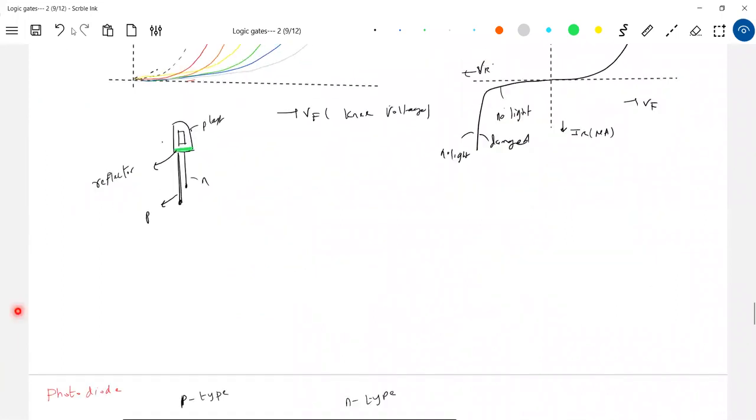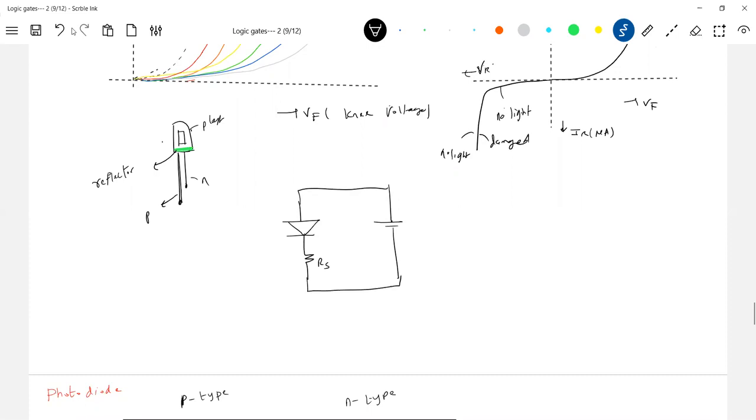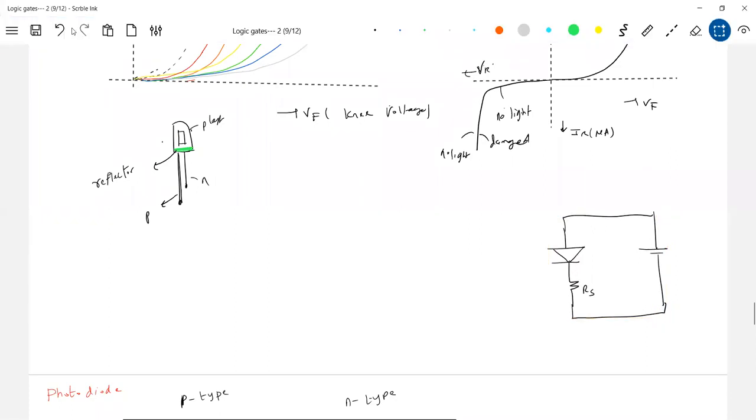Okay, now if you go for circuits, how will the questions be? It's similar to an ordinary diode, how we forward bias. The same set of numericals will be asked, just like with the ordinary diode. So how do we forward bias this LED? I'll always connect one resistor in series. Then this is a cell, let this be around 8 volt.